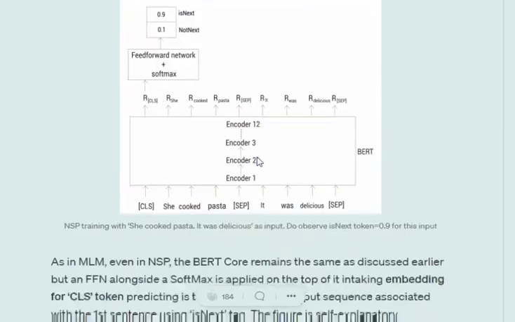Now, let's understand the architecture, how it is changing a bit. Again, assume that we are inputting the sentence, she cooked pasta. It was delicious. Now, it again goes to the BERT base model that comprises 12 encoder blocks.